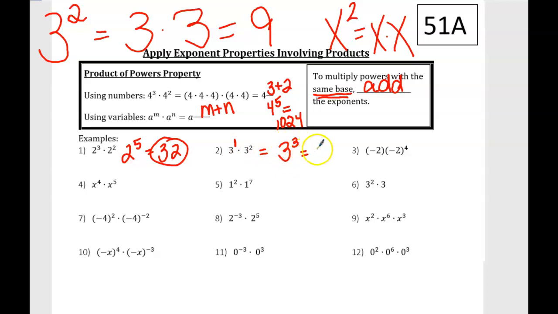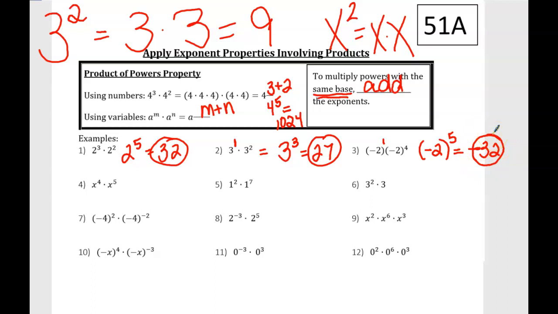So 3 cubed would be 27. Number 3, our base is -2. It's important that you keep that -2 in parentheses. Now we have the same base, we add the exponents, so it's going to be -2 to the 5th power. When we evaluate that on our calculator, we get -32 as an answer.